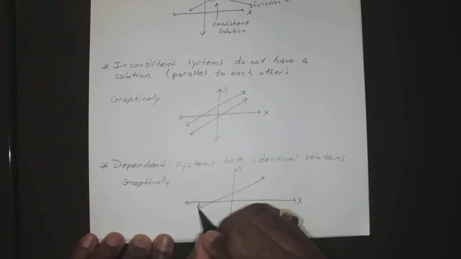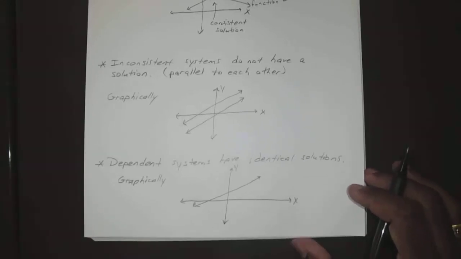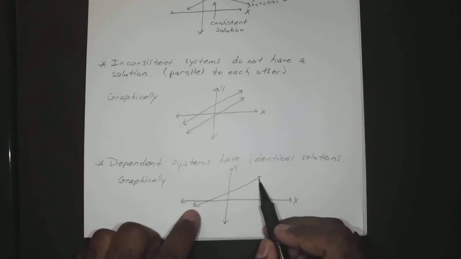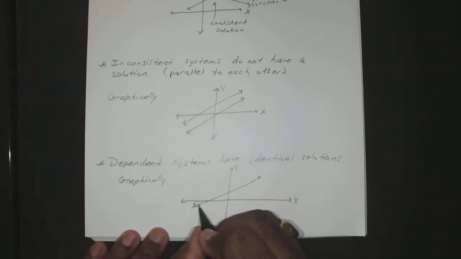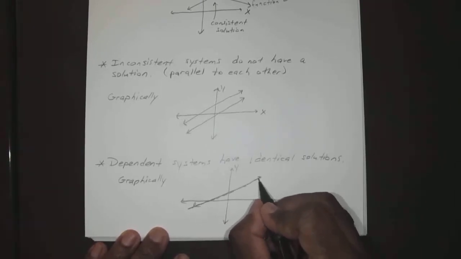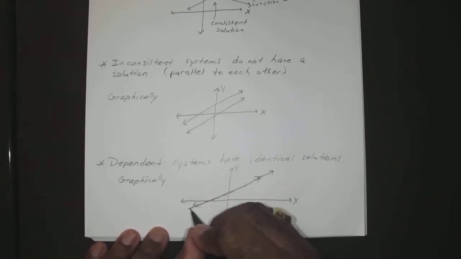Let's say this is one equation. The second equation may have every term multiplied by 2. So it would go right on top of it, but it's just longer. But since this one goes on forever, and the one that's longer goes on forever, they're just on top of each other. The second one would really just be a longer version of the first one, or a shorter version if you divided each term.